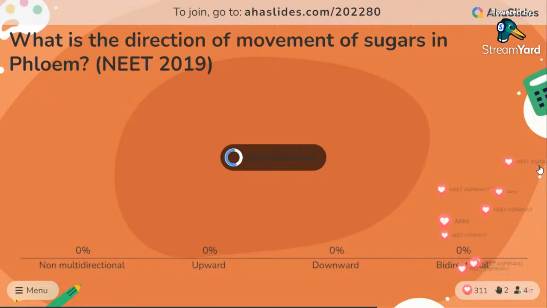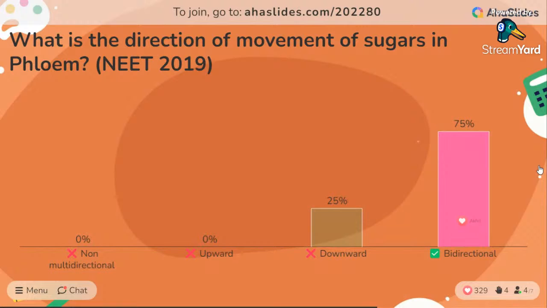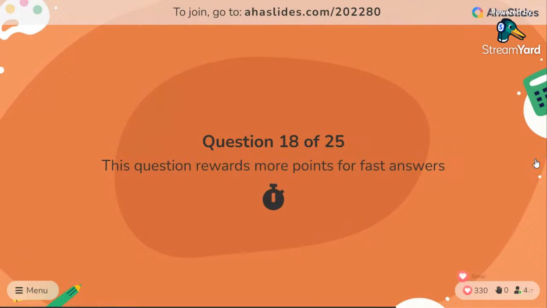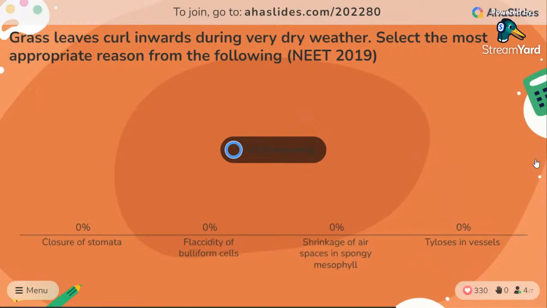The correct answer is bidirectional. Let's have the next question on the screen. Question number 18 out of 25. Grass leaves curl inwards during very dry weather. Select the most appropriate reason from the following.